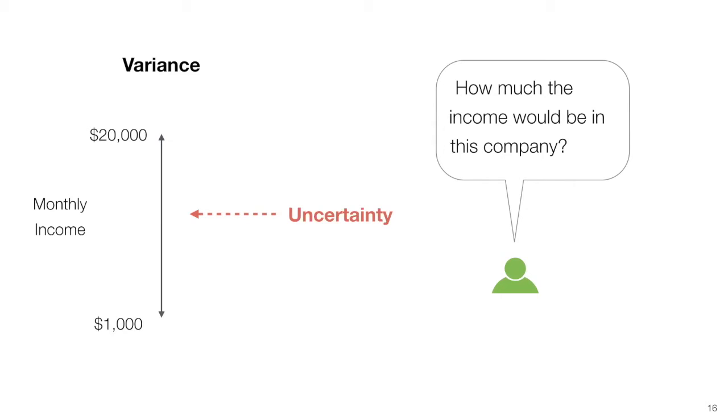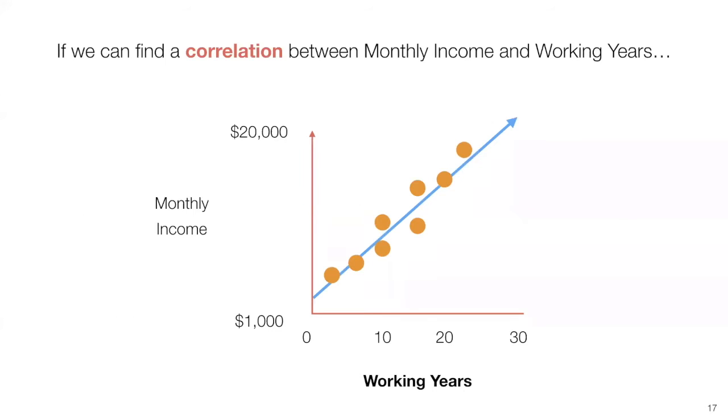If you ask, hey, what's the income in this company? You can give the average, but the average doesn't really give you the whole picture. It can be 1,000, it can be 20,000. That's the uncertainty. Then you want to find a variable, some other column, that is correlated to monthly income.